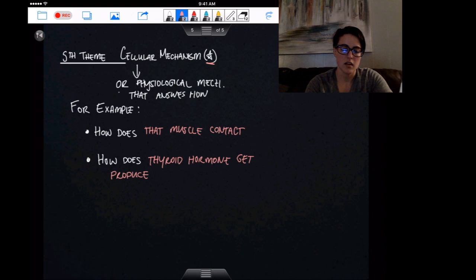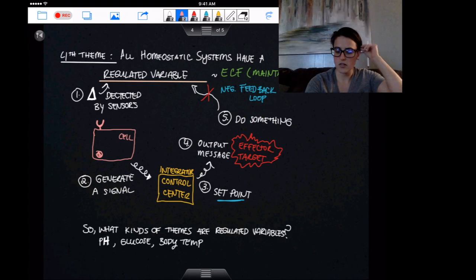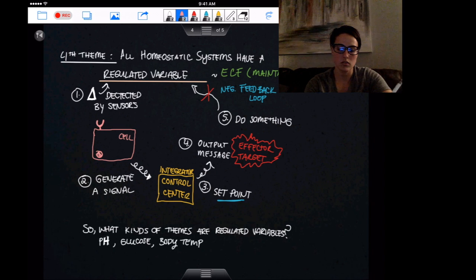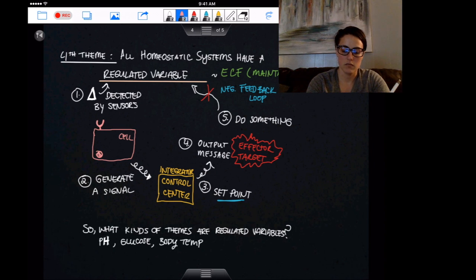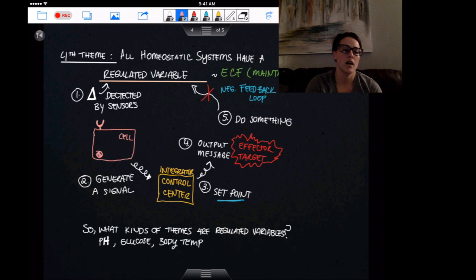Let's go back to that list or that chart. So where on this circular chart here of regulated variables and systems do we think we could have a cellular mechanism happening that could answer, say, how does a muscle contract or how is thyroid hormone produced?